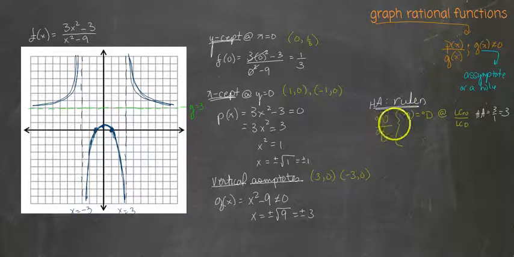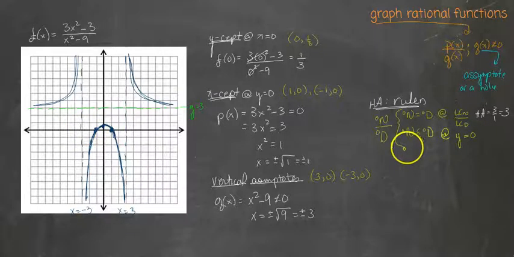rule about horizontal asymptotes. If the degree of the numerator is less than, excuse me, greater than the degree of the denominator. Oh, let's do the other direction first. If the degree of the numerator is less than the degree of the denominator, then the horizontal asymptote is the origin y equals 0. Excuse me, the line, the x-axis at y equals 0.